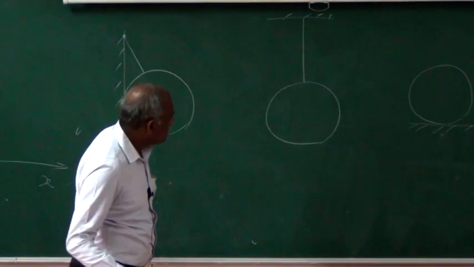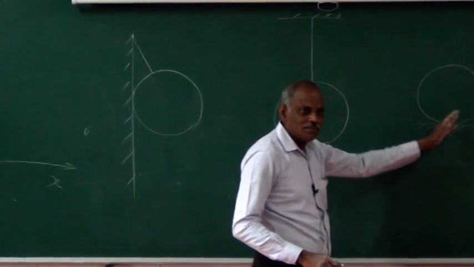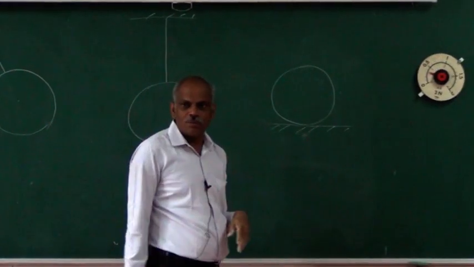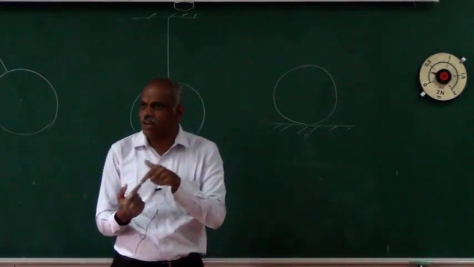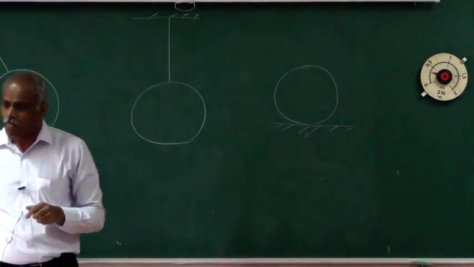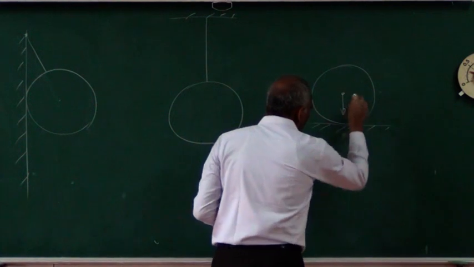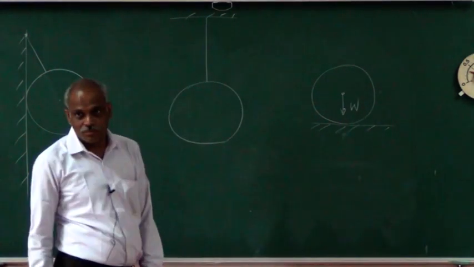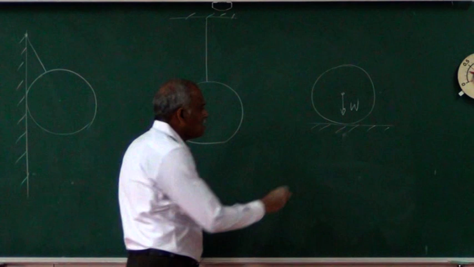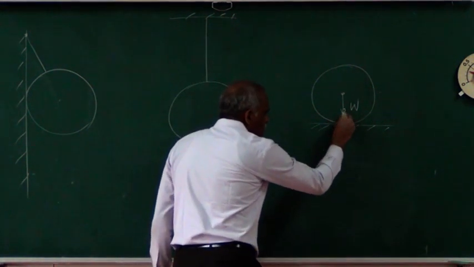Okay, so if the constraint is the floor, there is a kind of force interaction. The ball has a weight W acting through its CG.